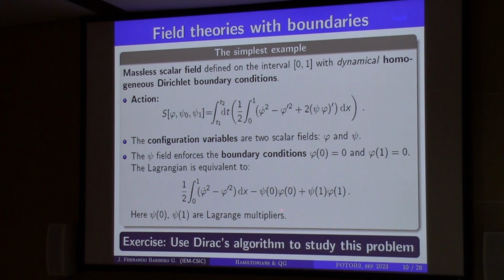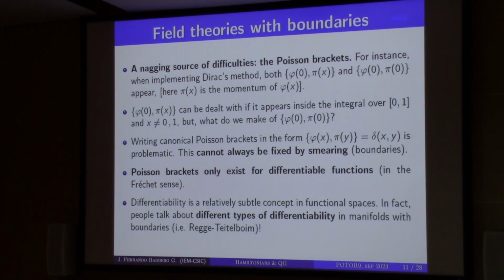Now an exercise, an interesting exercise, in fact a challenge, is to try to use Dirac's method to expand this problem. I will not go through the details, but I will tell you why this is not so easy and not so trivial. There is actually a nagging difficulty that you find when you try to do the computations, and the difficulty stems from the fact that sometimes you get such Poisson brackets, and usually you get them inside integrals.